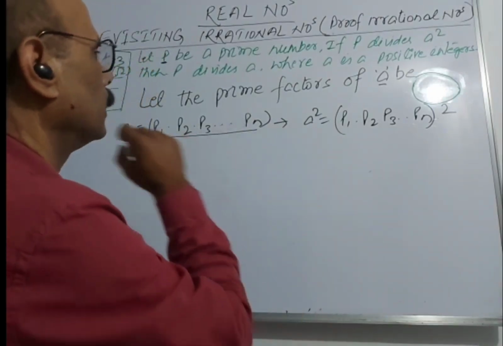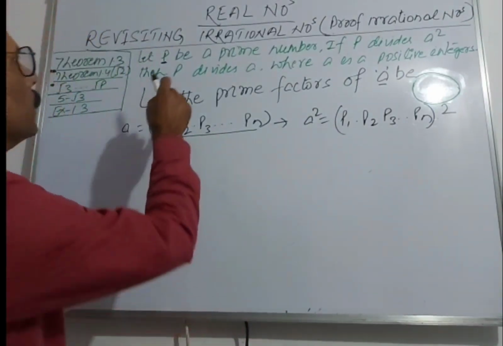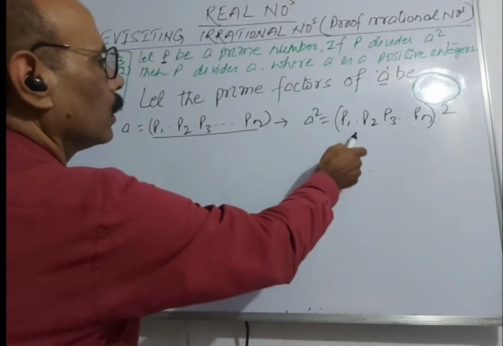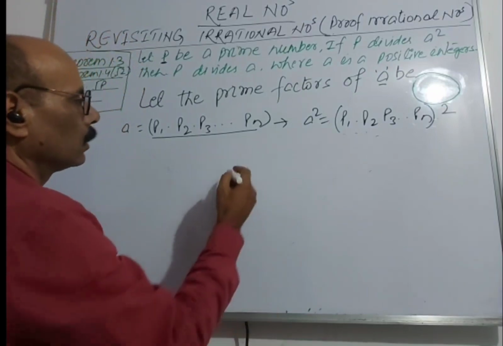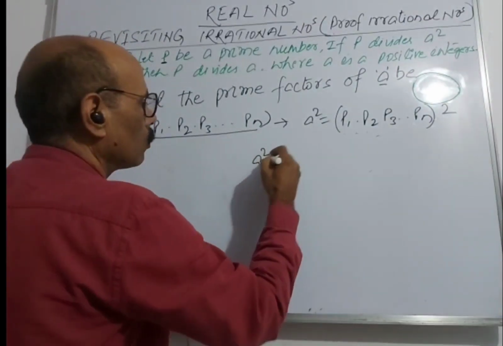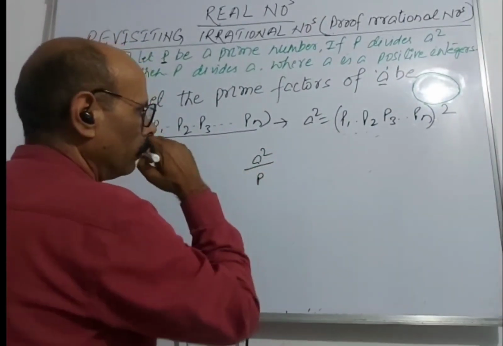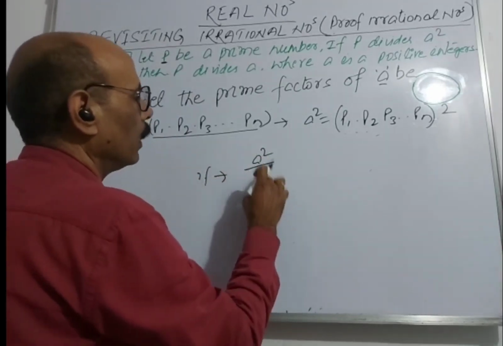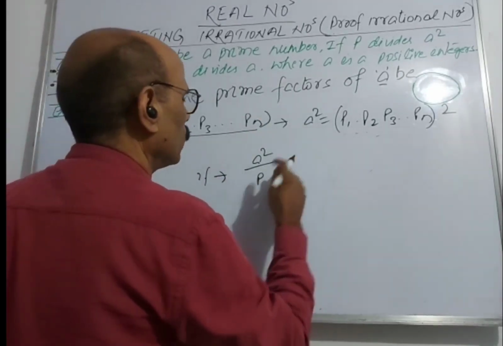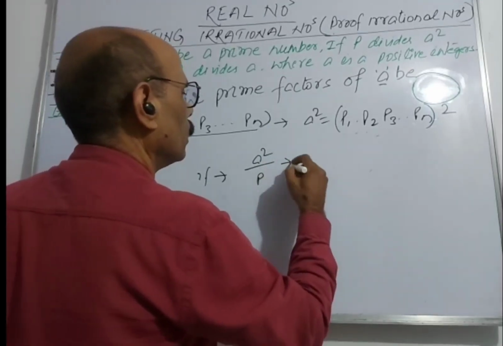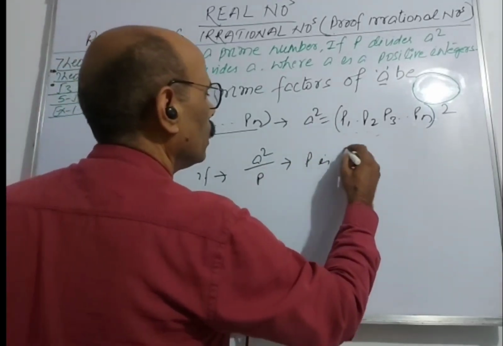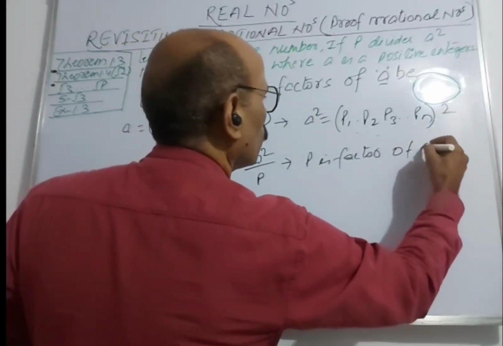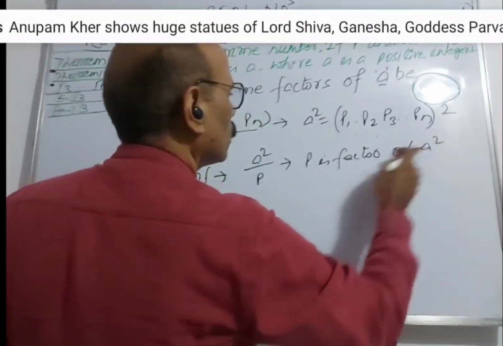Suppose a square is divided by p. If a square is divided by p, that means p is a factor of a square.